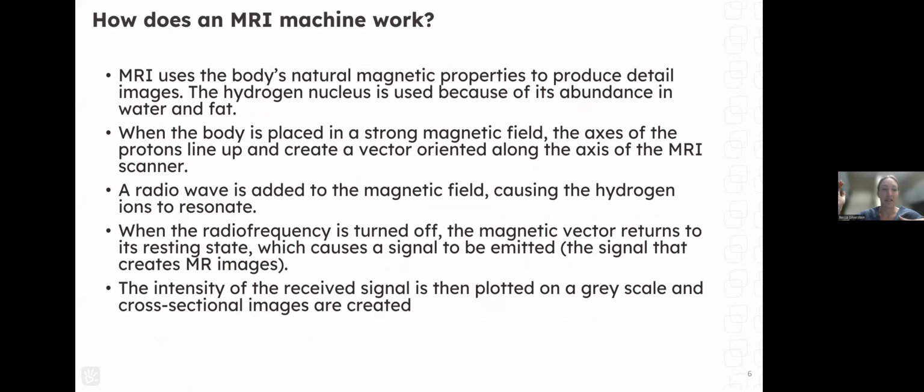Then the MRI scanner sends a radio wave with the magnetic field, causing the hydrogen ions to resonate. You guys might remember this from physics. When the radio frequency is then turned off, the magnetic vector returns to its resting state, which causes the signal to be emitted from those hydrogen ions. And that signal is what creates the MR images. The intensity of the received signal is then plotted on a grayscale, and cross-sectional images are created. So very basic, but kind of the basic properties of how an MRI machine may work.